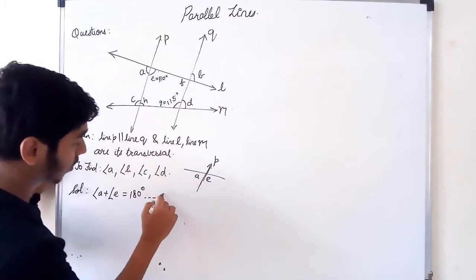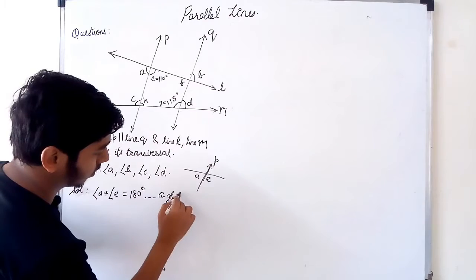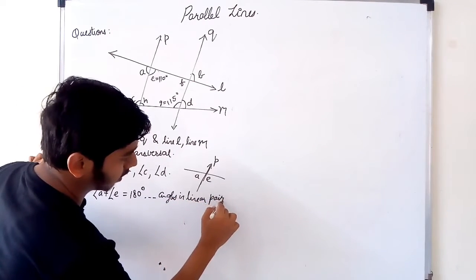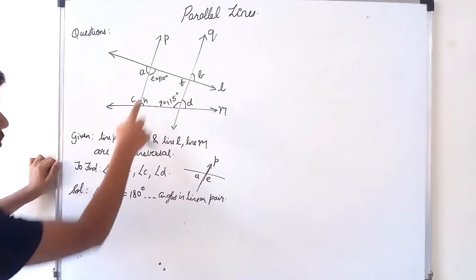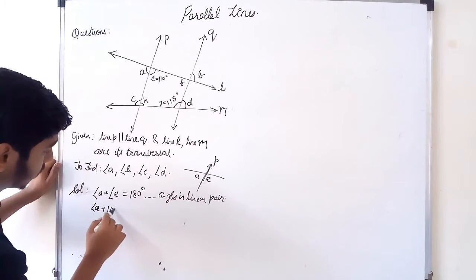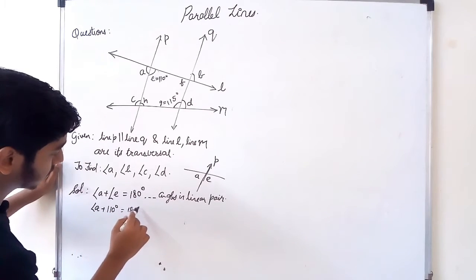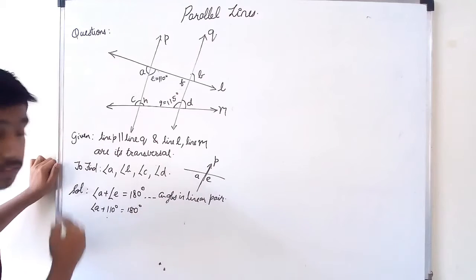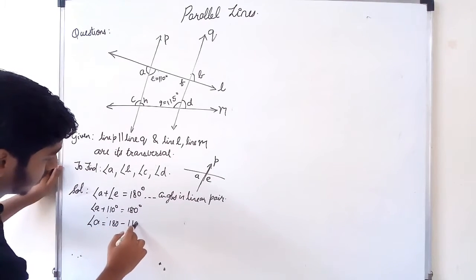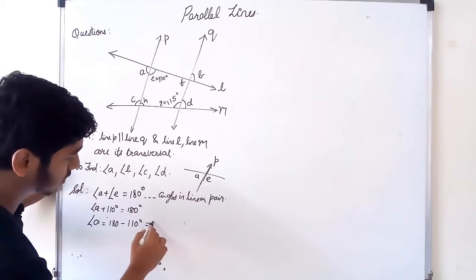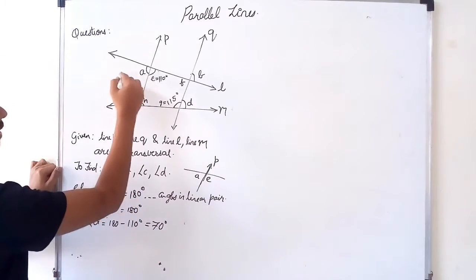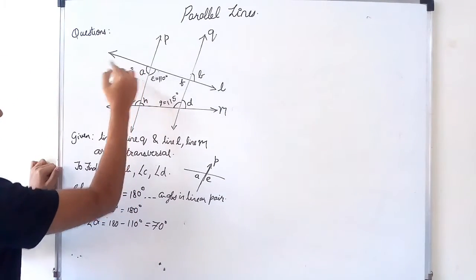Why? Because angles in a linear pair, correct? Now you know E is 110, so angle A plus 110 equals 180. Take the 110 that side, so angle A is 180 minus 110, that is 70. So we have got angle A, which is 70 degree.